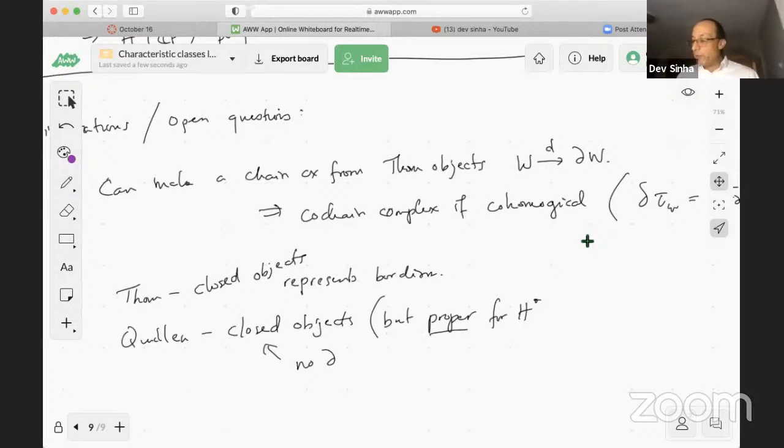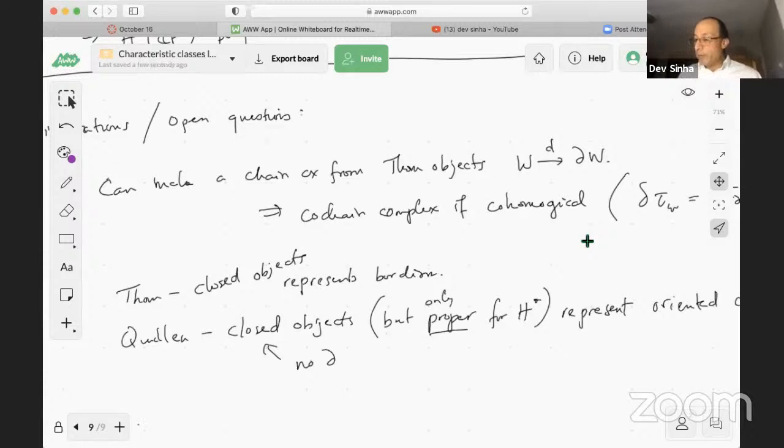But we only need proper for cohomology. Those objects represent, in the case that we've been talking about, oriented cobordism. So that's part of the motivation for these definitions. It's extending one of Quillen's.